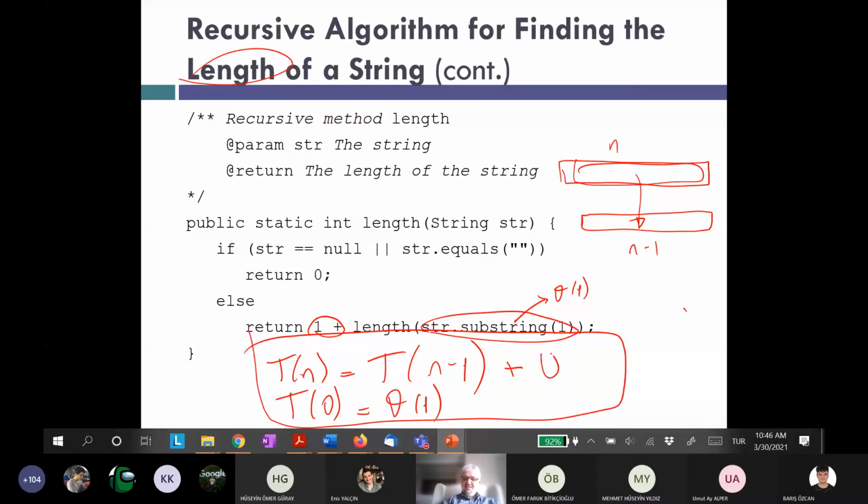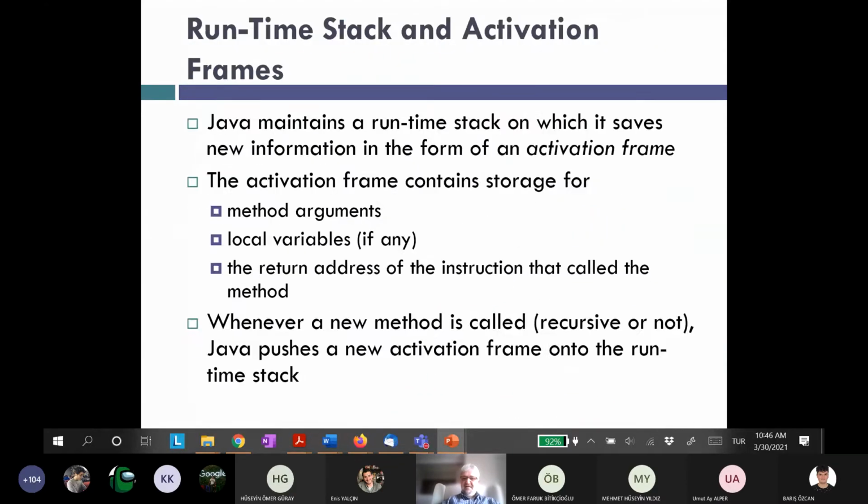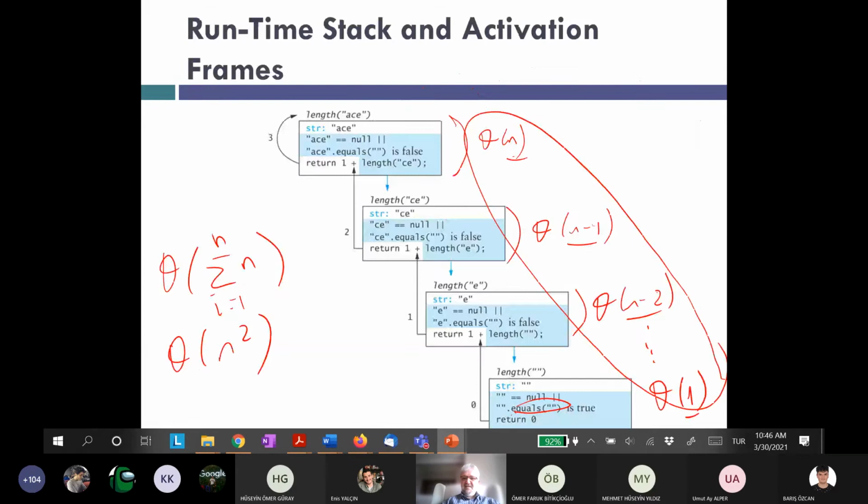So this makes constant time, right? So if it was like that, everything here would be constant time, and the result would be the addition of ones, which makes theta n, right? Is it clear? But it is not like that in Java.